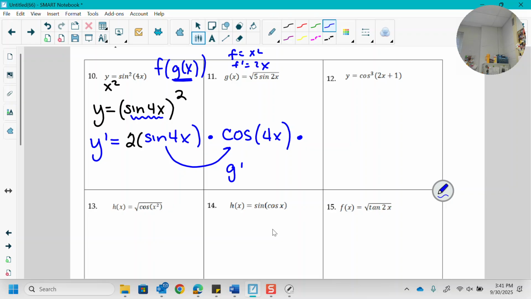And because when I take the derivative of sine 4x, that hits a chain rule for the argument, sine 4x, cosine 4x, 4. And so we went ahead and put that together as 8 times the sine of 4x times the cosine of 4x.